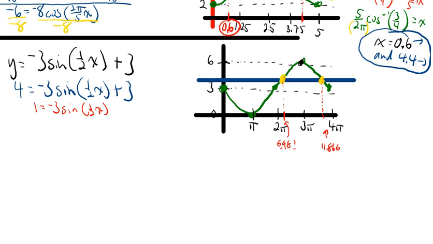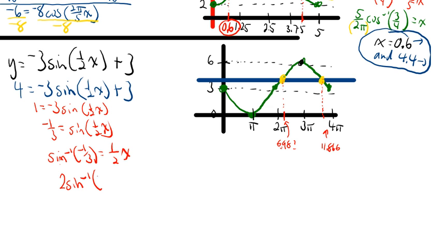So I divide both sides by -3, which gives me -1/3 equals sine of 1/2 x, or x over 2. Inverse sine of -1/3 equals 1/2 x. Multiply both sides by 2. 2 times the inverse sine of -1/3 equals x.